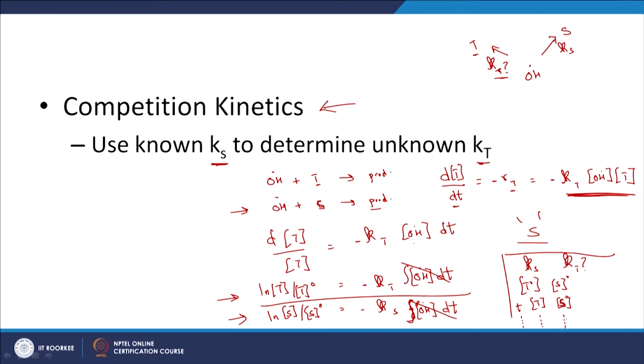So with this equation, I can conduct regression and get the value of Kt which gives the minimum sum of squared errors, and that would be my Kt. So when you have competition kinetics and you know the rate constants of a particular set of reactions, you can use that to build upon the model to calculate your unknown rate constant.